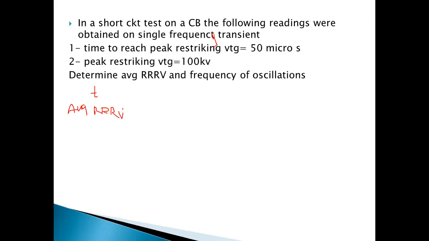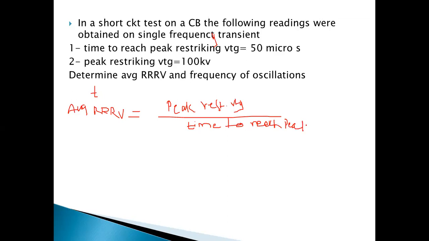Average RRRV is equal to the peak striking voltage divided by the time to reach this peak striking voltage.